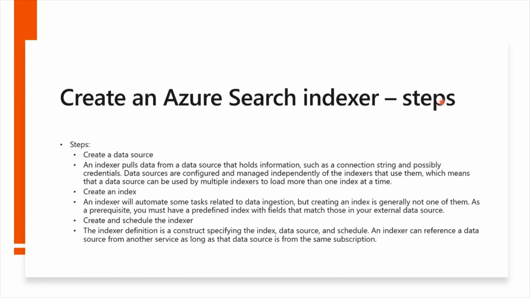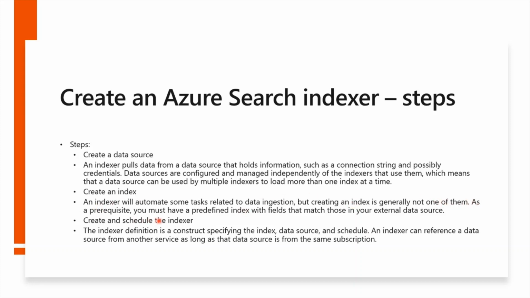So these are the steps to create an Azure Search indexer. First, create a data source, where the indexer pulls the data from. Then you create an index. An indexer will automate some tasks related to data ingestion, but creating an index is generally not one of them.